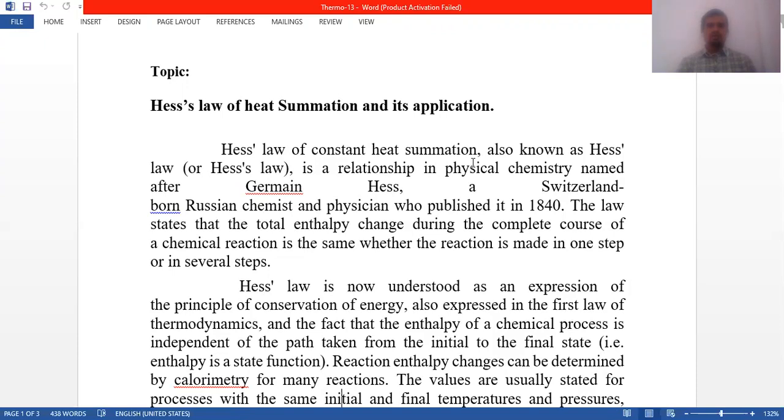According to this law, the total enthalpy change during the complete course of a chemical reaction is the same whether the reaction is made in one step or in several steps.